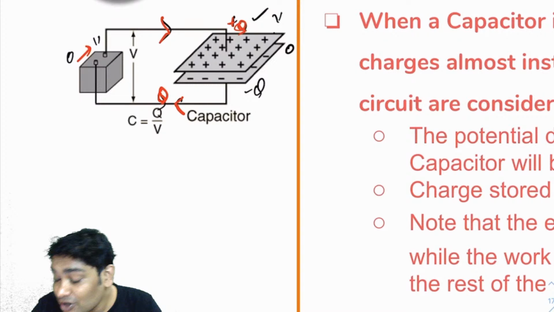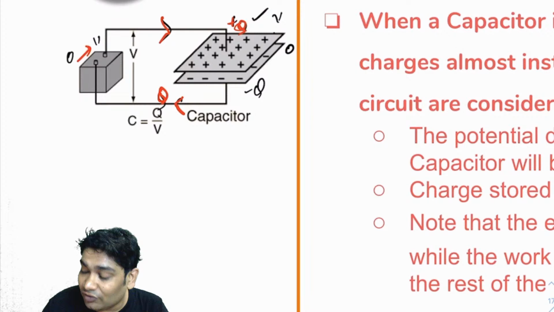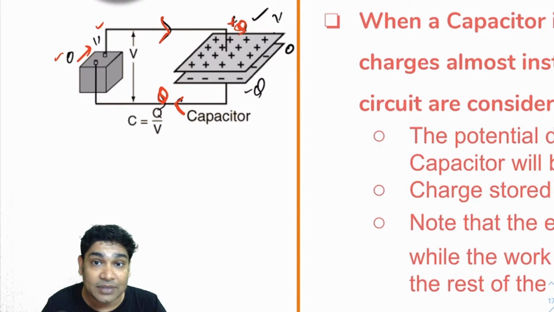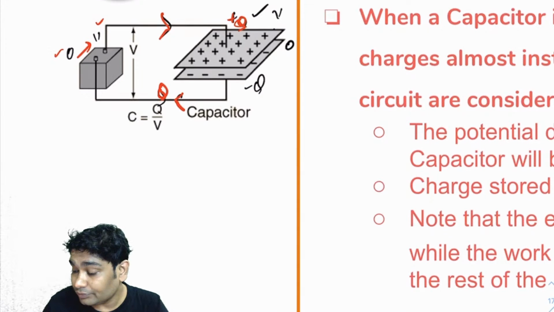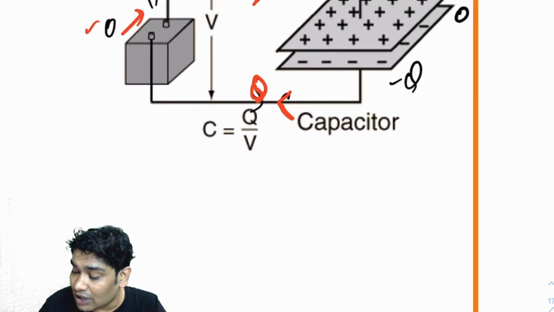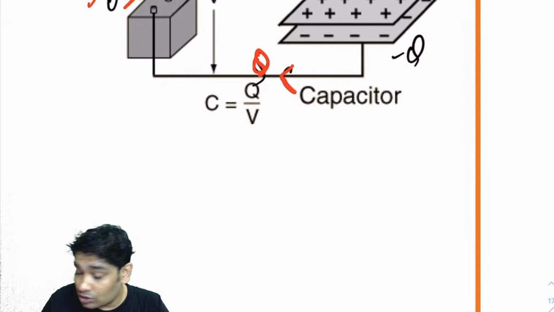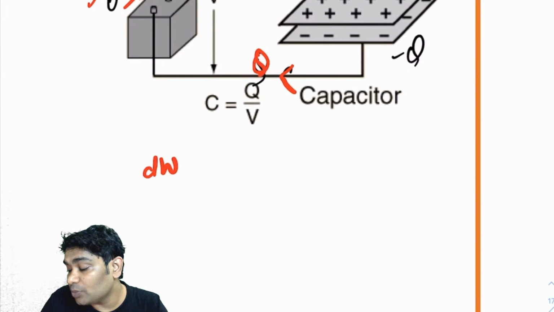So in moving this charge Q from 0 potential to V potential, how much work will the battery do? On any dq that is passing, the battery will do a work of V times dq, and the total charge that passed was capital Q. So the total work done by the battery would be capital Q times V. Whenever a small dq charge is crossing, the small work done by the battery would be dW equals V times dq.